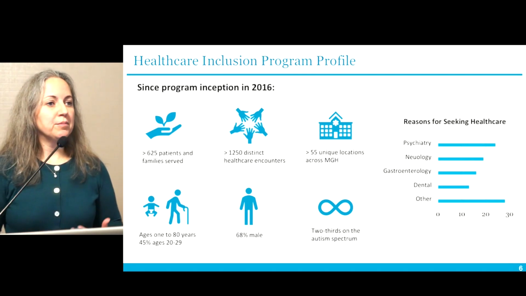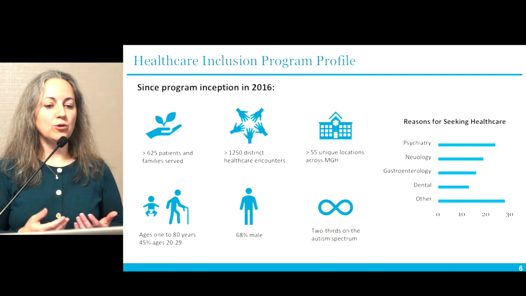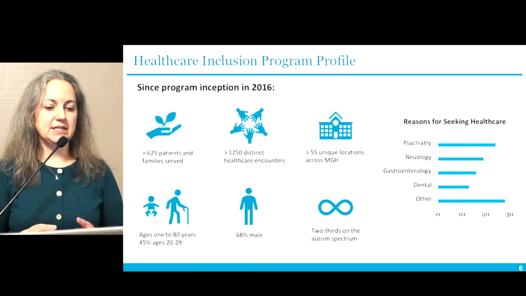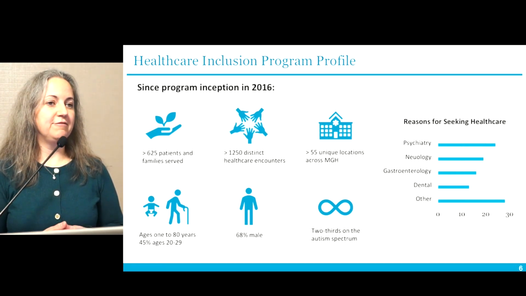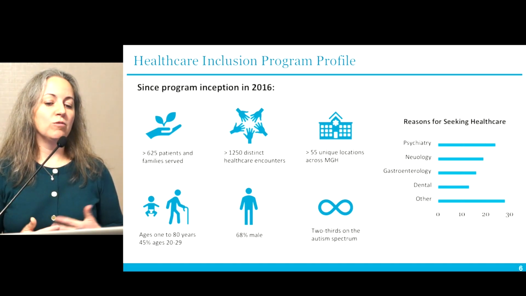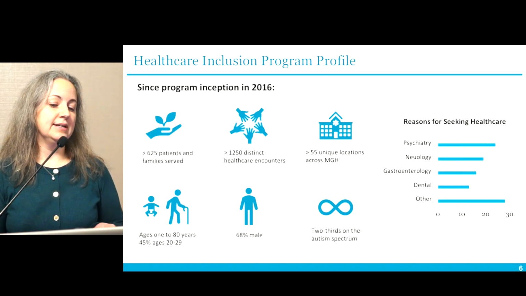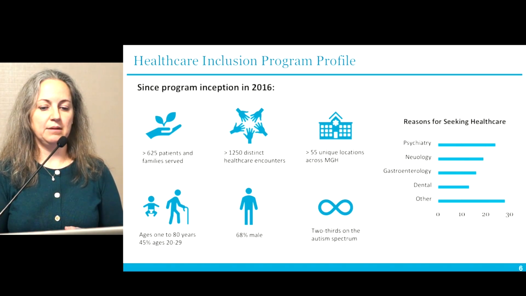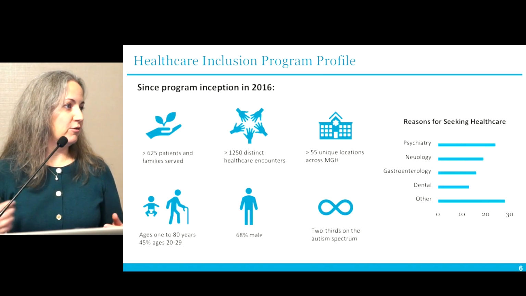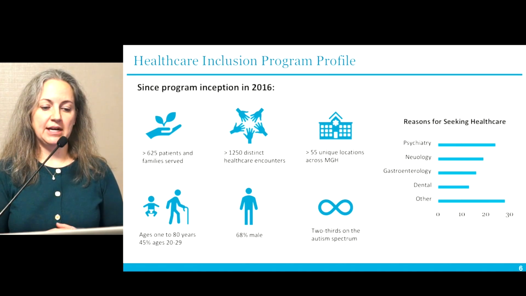So a little bit about the program so far. Since the program began in 2016, we've served over 625 patients and families, and this is over 1,200 distinct healthcare encounters. This is patients that are coming back multiple times across 55 unique locations in MGH.